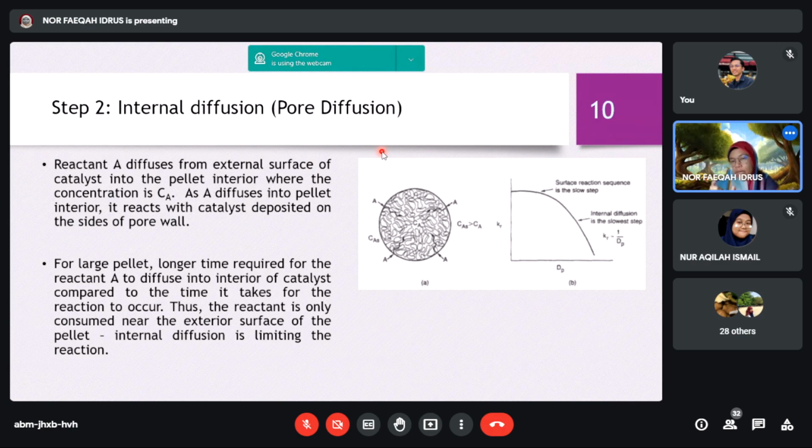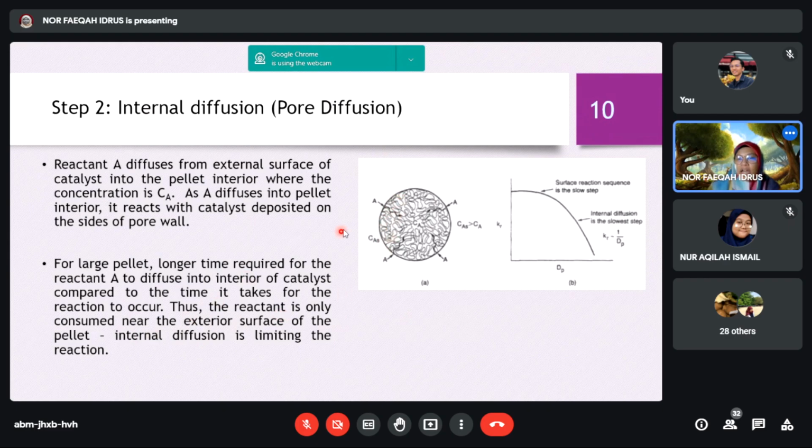Okay, disebabkan oleh the size or the diameter of catalyst itself. Thus, the reactant is only consumed near the exterior surface of the pellet.